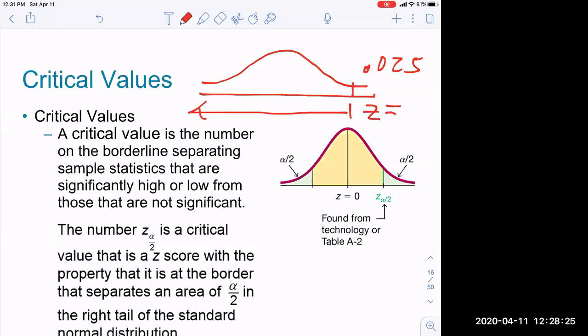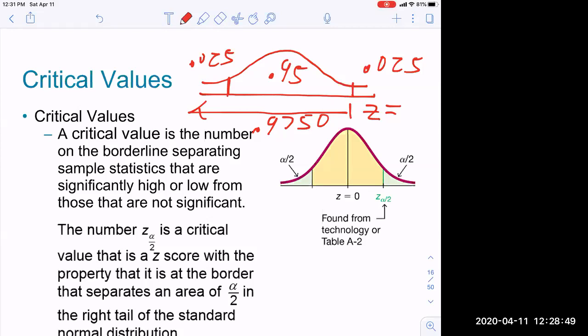Well, we know there's 0.95 from our confidence interval, but that only goes out to here. Don't forget there's another 0.025 in here. So the total area to the left is 0.9750.